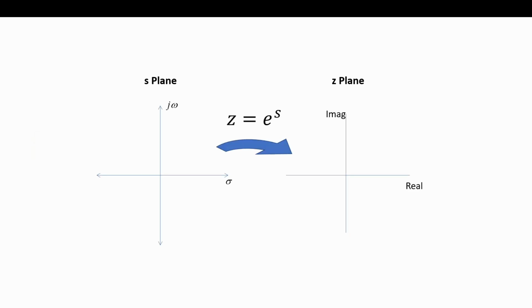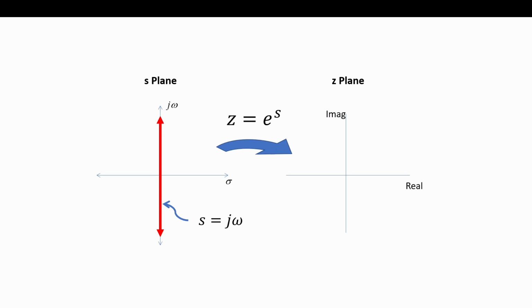So this z equals e to the s, so we did this substitution. For every value of s, we take the inverse log of it basically to get a value of z instead. So this gives you the mapping from the s plane, which we see on the left, to the z plane, where if s was the j omega axis, which we should recognize is the Fourier transform.